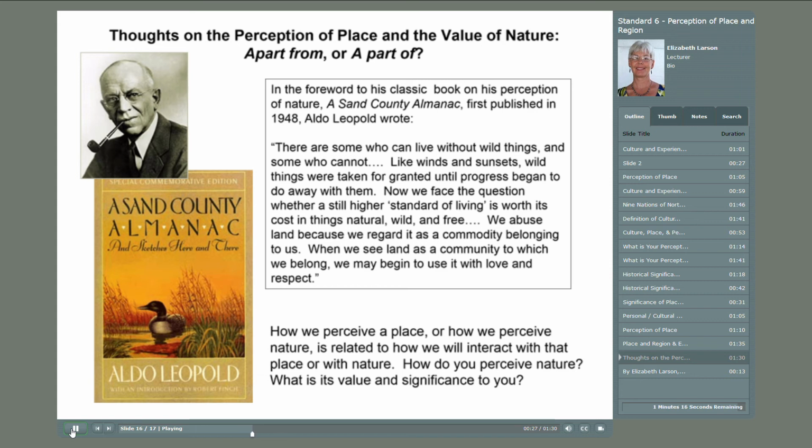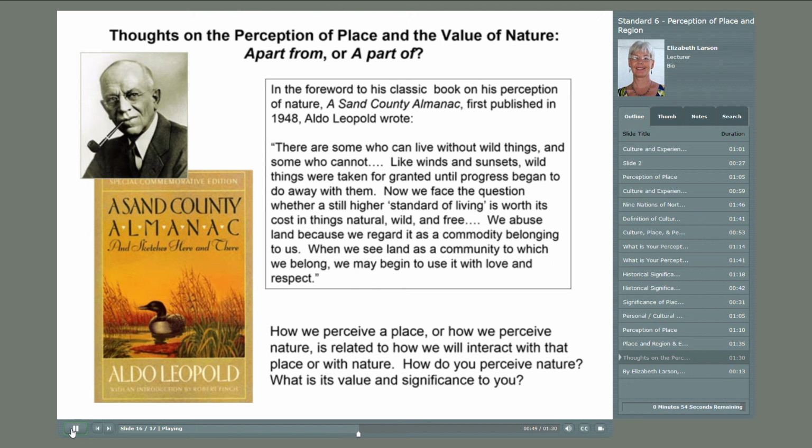Like winds and sunsets, wild things were taken for granted until progress began to do away with them. Now we face the question whether a still higher standard of living is worth its cost in things natural, wild, and free. We abuse land because we regard it as a commodity belonging to us.